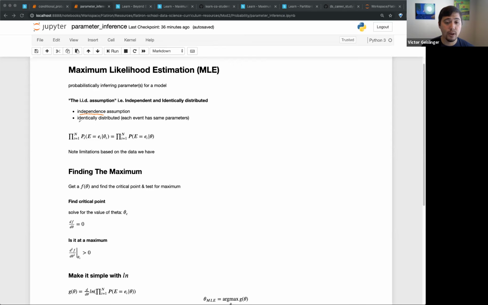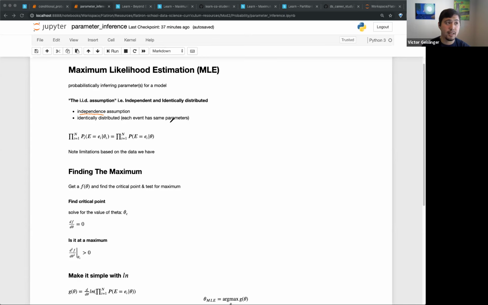Then we also say it's identically distributed. What that basically says is that each event has the same parameters. You can think of it like flipping a coin. If you flip a coin once and then flip a coin 100 years from now, the parameters shouldn't have changed. The probability of getting heads or tails is still 50-50.